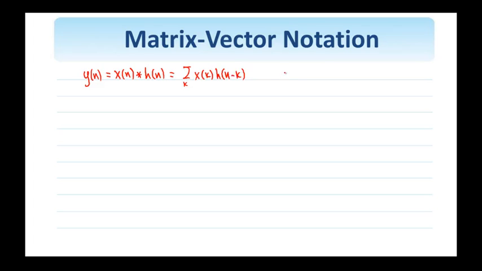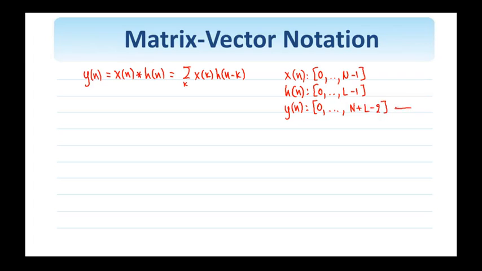Let's assume for simplicity that x of n has support from 0 to n minus 1, n samples in other words. h of n has support from 0 to L minus 1. And as we know, the result of their convolution will have support the sum of the limits of the support, so from 0 to n plus L minus 2.